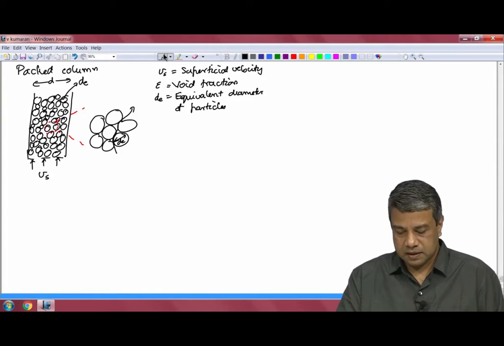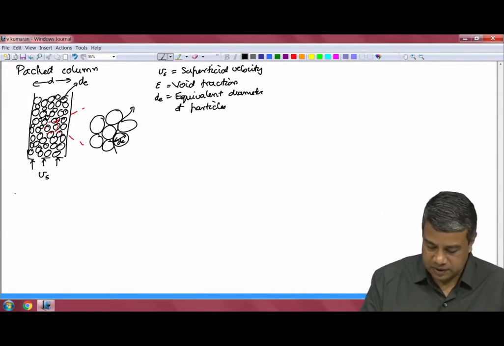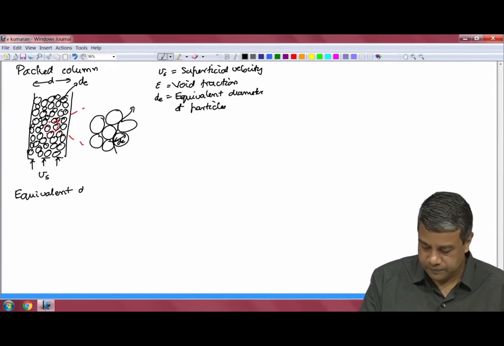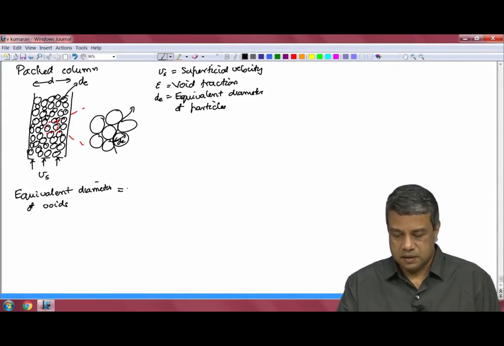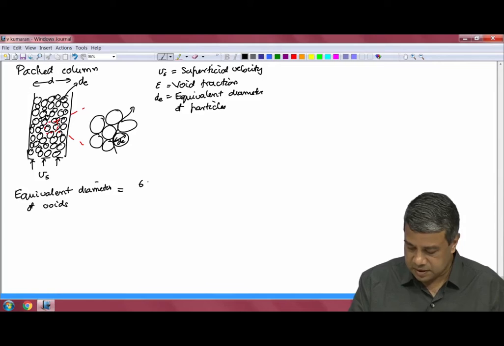We know that the equivalent diameter of voids is going to be equal to 6 times the volume of the voids divided by the surface area of the voids.